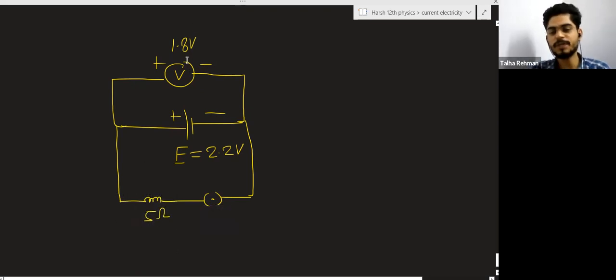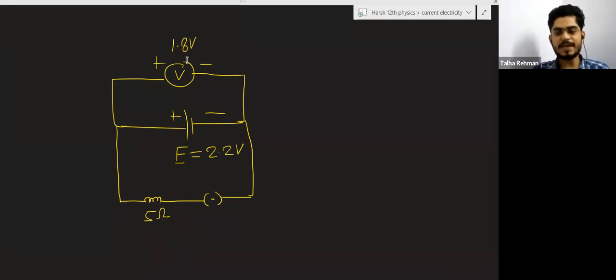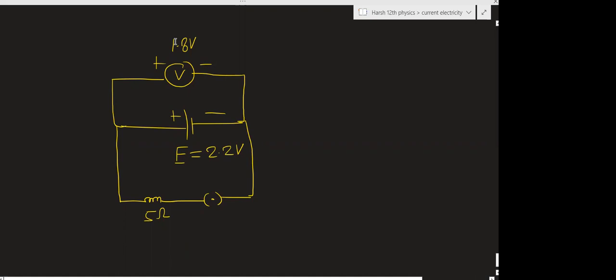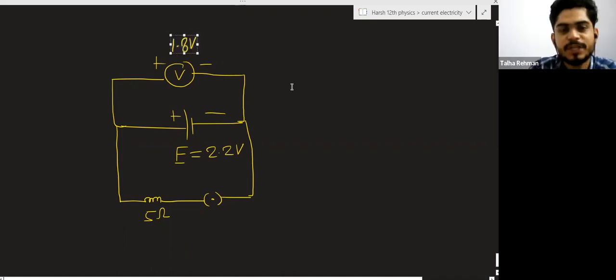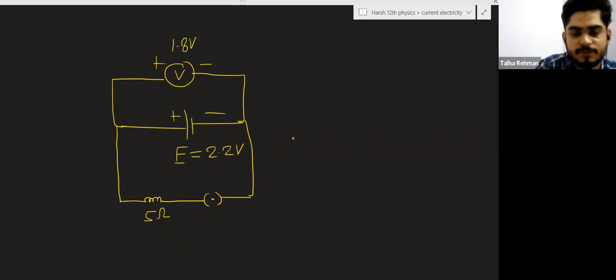What is the use of a voltmeter? A voltmeter is used to find the potential difference. And this 1.8 will be the potential difference across this 5 ohm resistance.